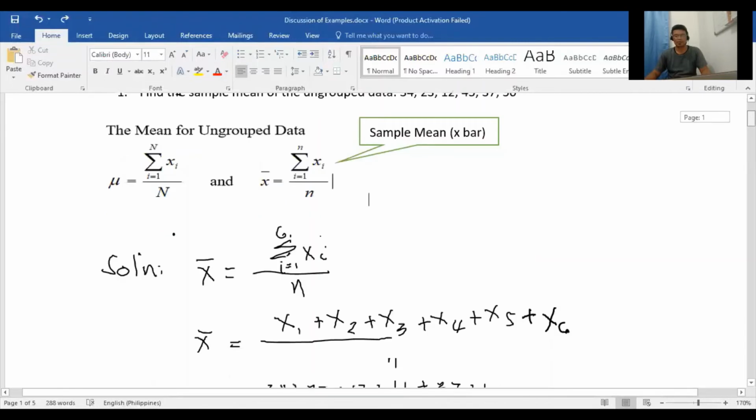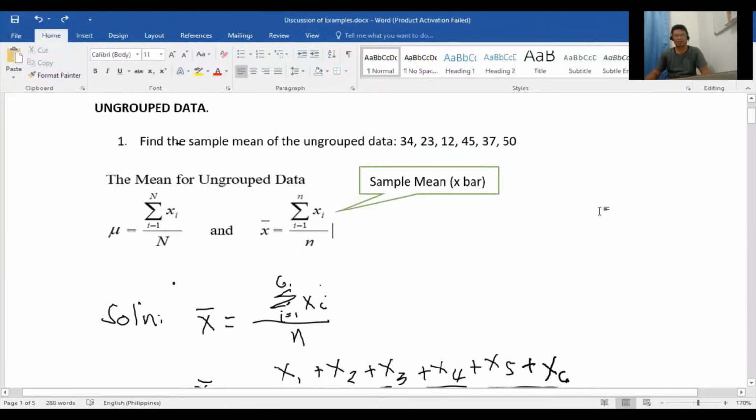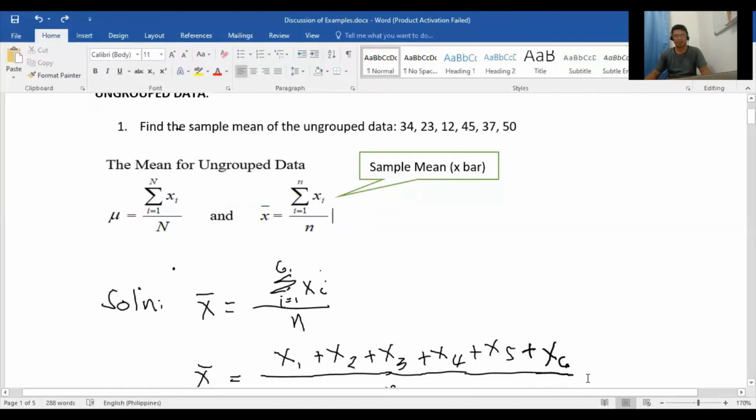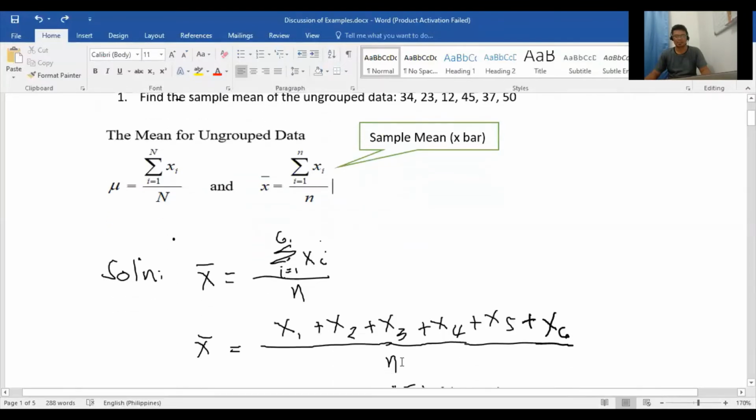So in here, the summation of x sub i, wherein i ranges from 1 to 6, means that we have to get the sum of all the values of x that are assigned to each one of them and divide it by the number of x's that are present, which is 6.